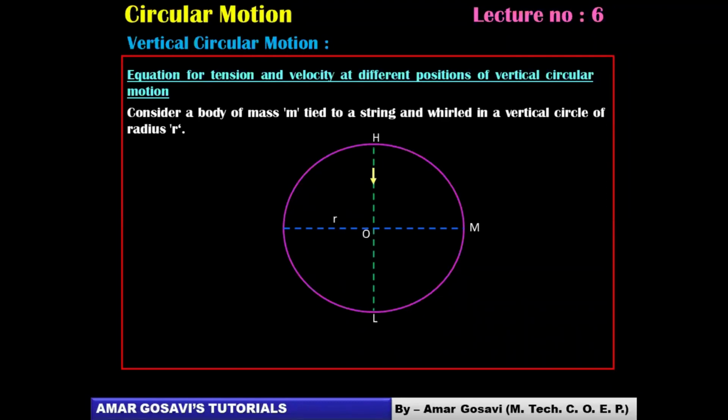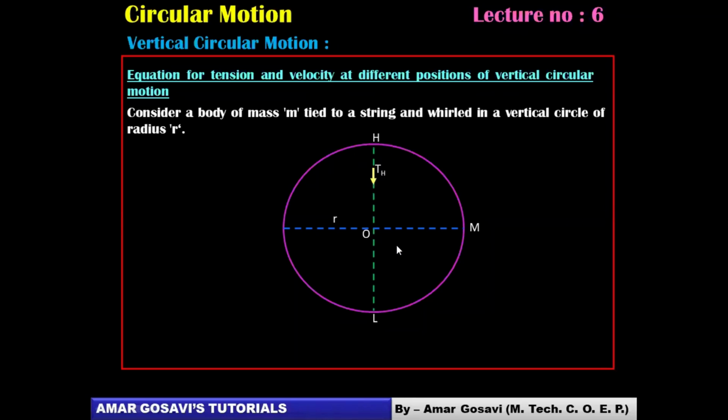So let's position it. At the highest point you can see the weight would be acting. You can check out the arrow over here. It would be acting towards the center. So the weight will be acting towards the center and the tension in the string will also act towards the center basically. So therefore T_H is shown towards the center in this case.